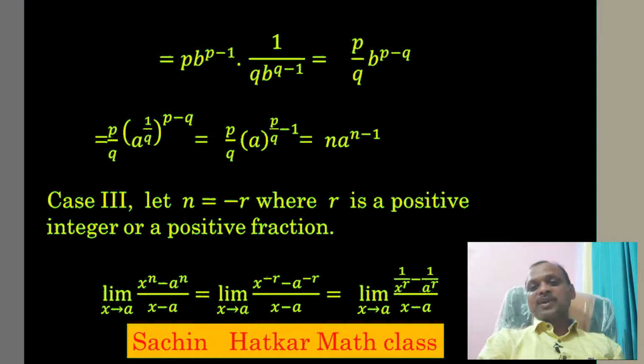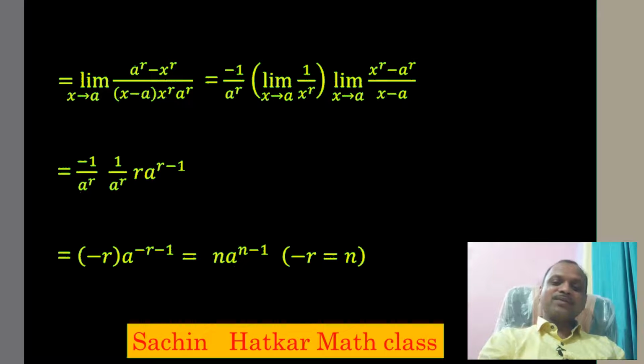Again apply the cross multiplication in the numerator. So the term will be a raised to r minus x raised to r divided by x raised to r into a raised to r.